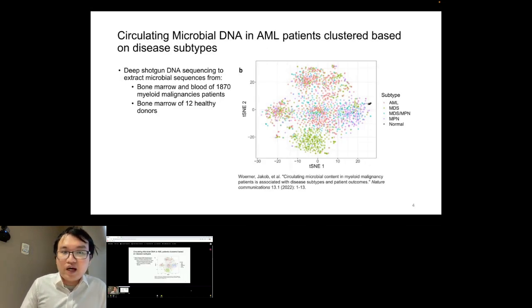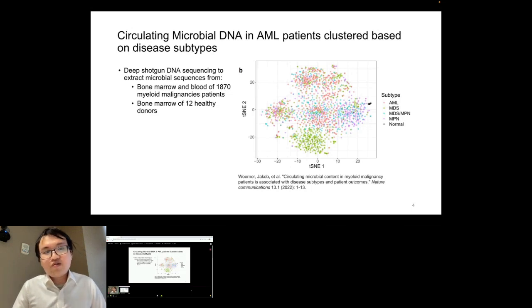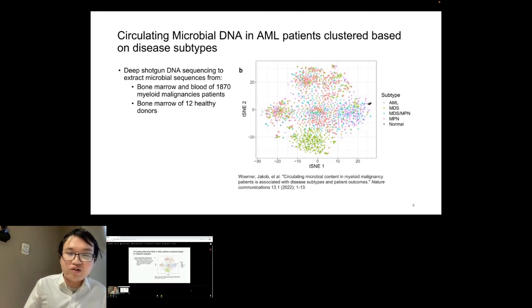Previous work in our lab has mined microbiome sequences from deep shotgun DNA sequencing of the blood and bone marrow of 1870 myeloid malignancy patients and the bone marrow of 12 healthy donors.